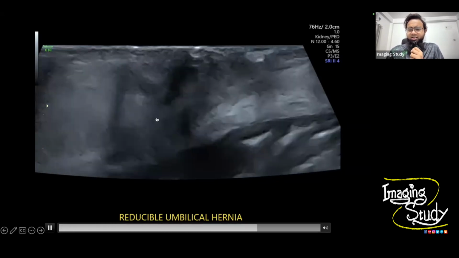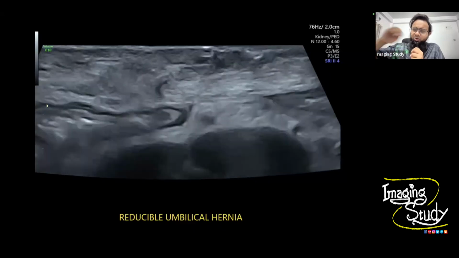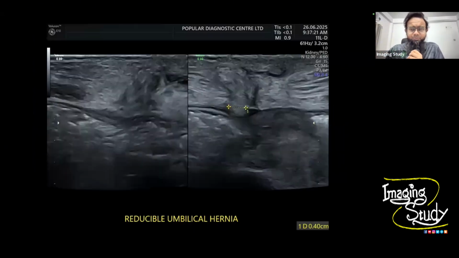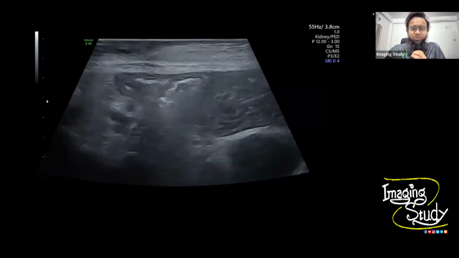It's a tiny small hernia over the umbilical region because I saw a bulging over there. Just put the probe and I can see that. So sorry. There is a small hernia over here through which only the fat is coming out to the hernial sac.